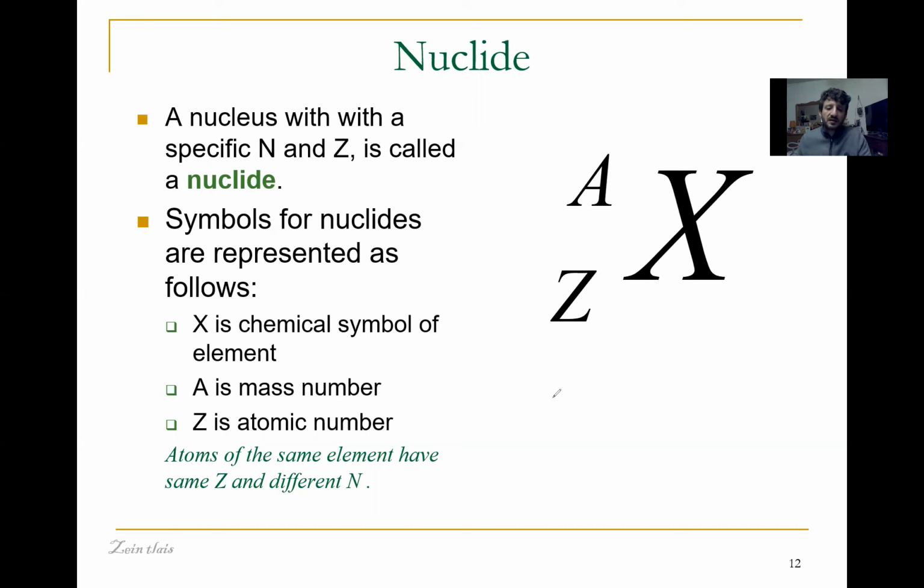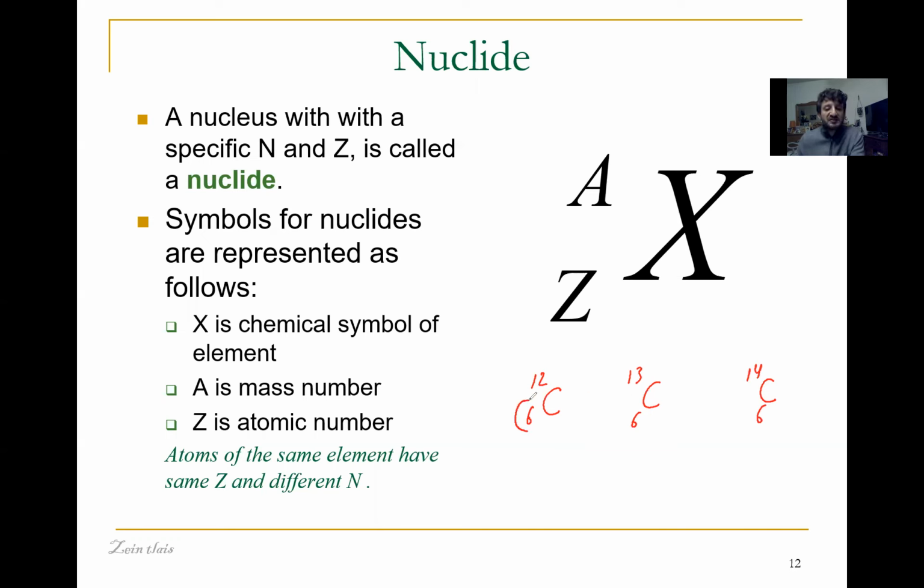For example, here we have isotopes: carbon 12, carbon 13, carbon 14. These are atoms of the same element. Why?